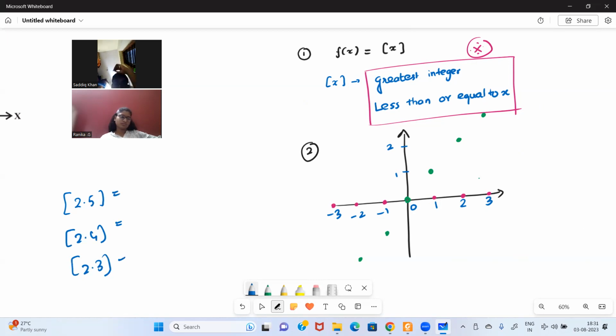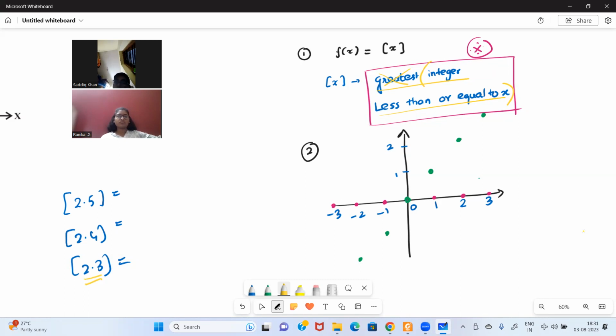Can you tell me the answers for these? Going by the definition, the greatest integer for 2.3 is 2. Very good. Now tell me, Enoch, don't worry about the greatest now. Tell me all the integers less than or equal to x. Tell me all the integers less than 2.3.